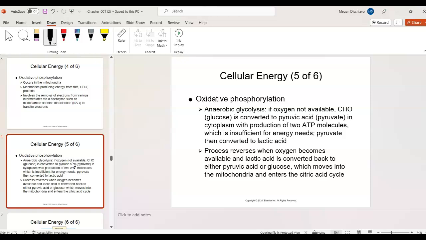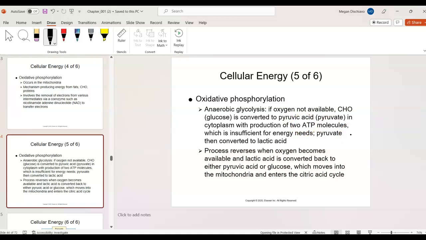Now, okay, so if we do not have oxygen, can't run the whole process, okay? It'll just stop at pyruvic acid. You get 2 ATP, that's it.